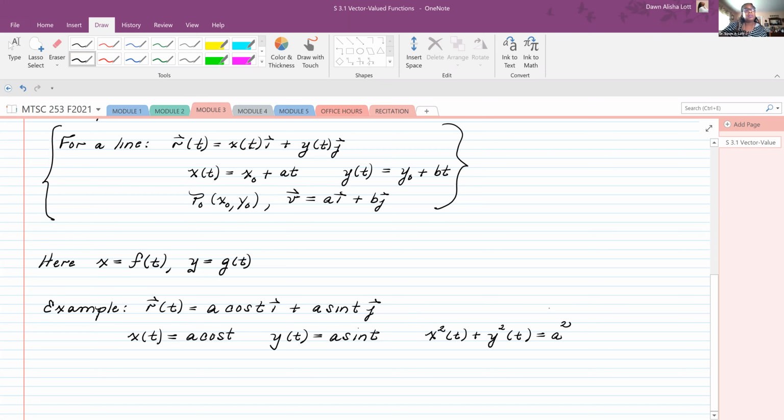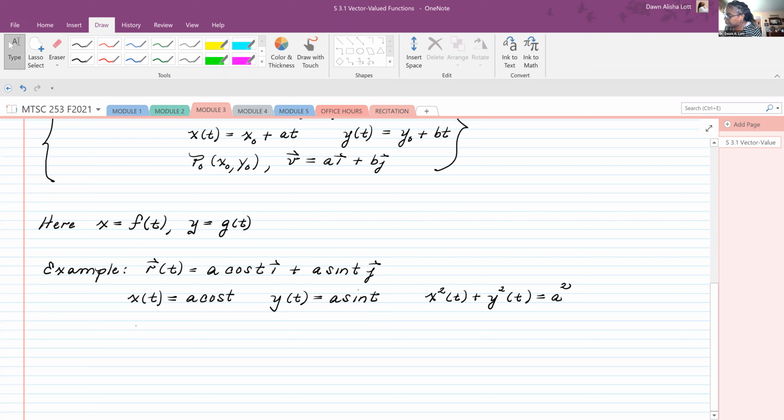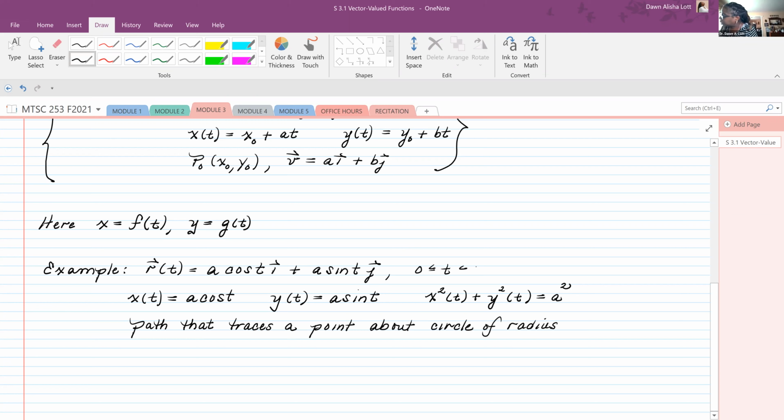So this is a path that traces a point about a circle of radius a. And I need to tell you 0 less than or equal to t less than or equal to 2 pi. So this one is going to trace out a circle.